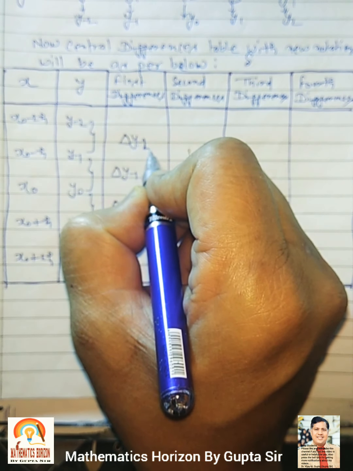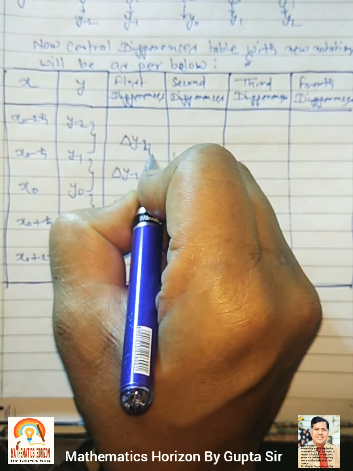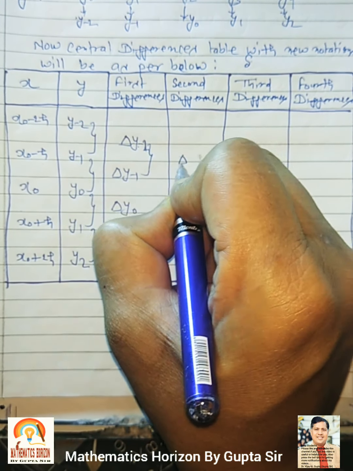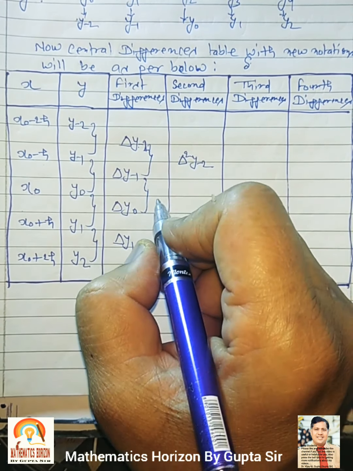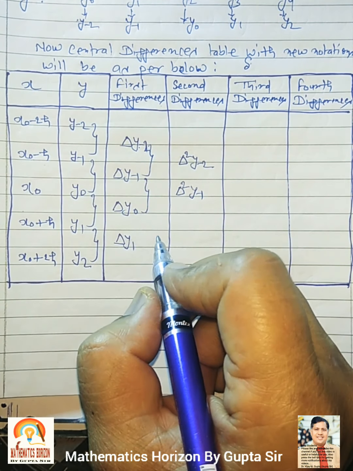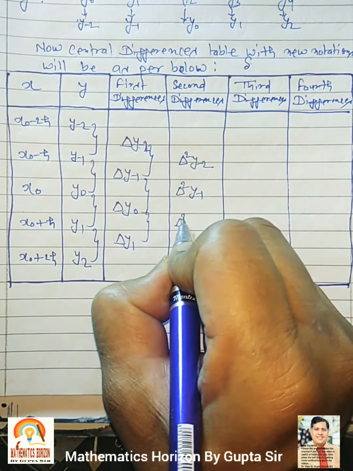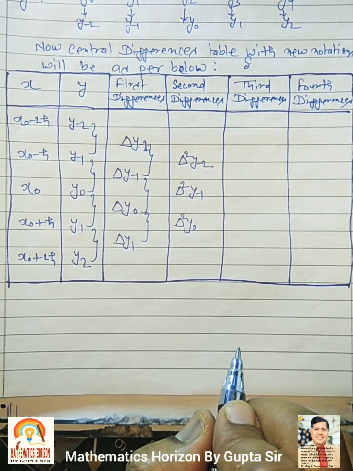Now we find out differences of second order. The difference of these two will be del square y minus 1, then del square y0, and del square y1.